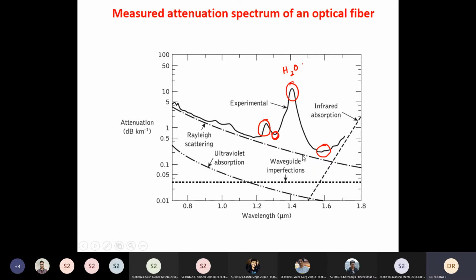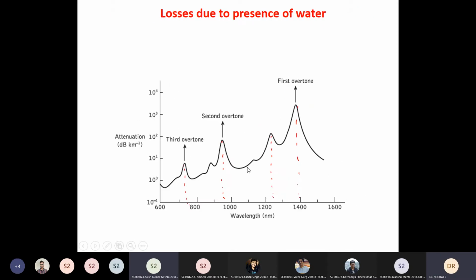Okay, any questions so far? Sir, in the previous slide, what is the overtone?